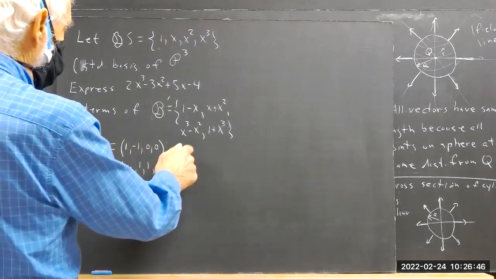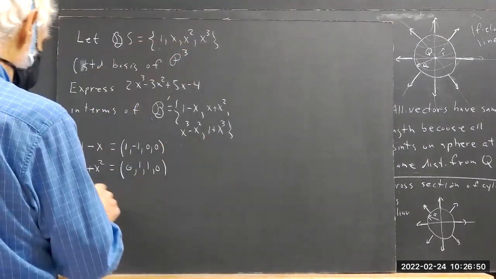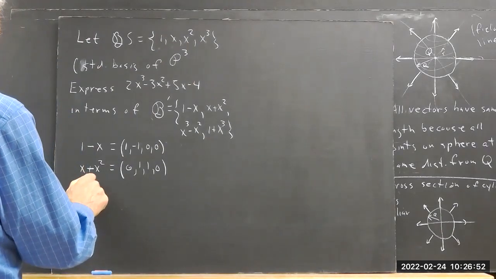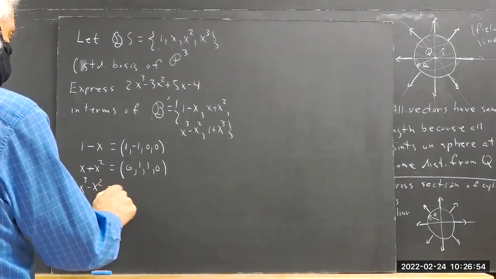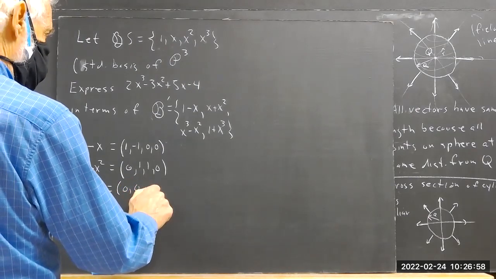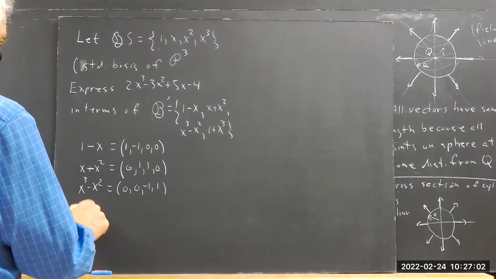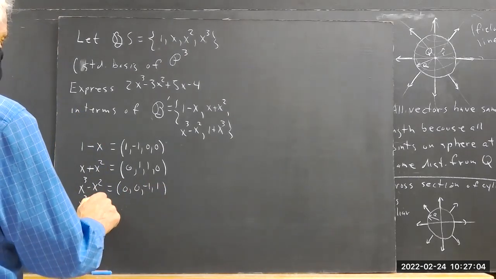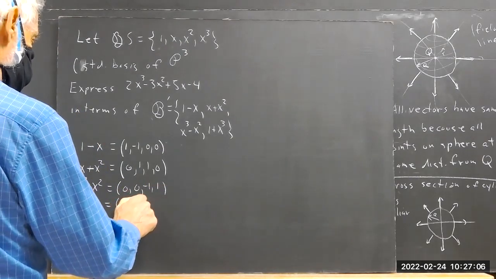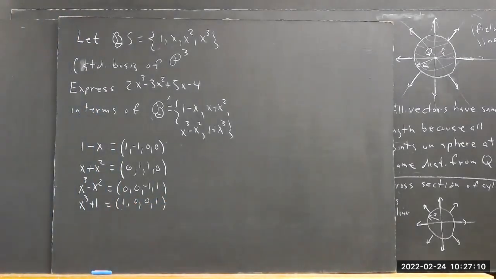Then you'd have one of these and -1 of these, which would give you this. Then you'd have x cubed plus 1, which would be 1, 0, 0, 1. Okay.